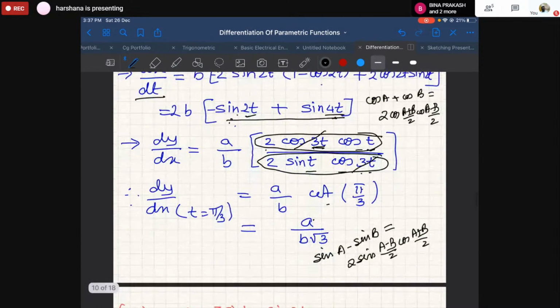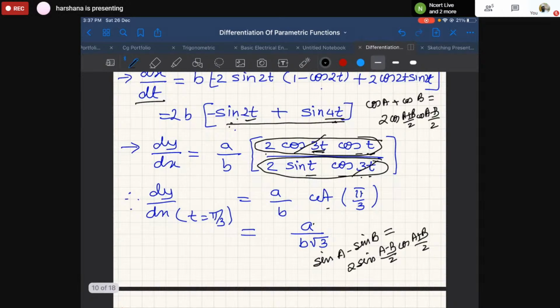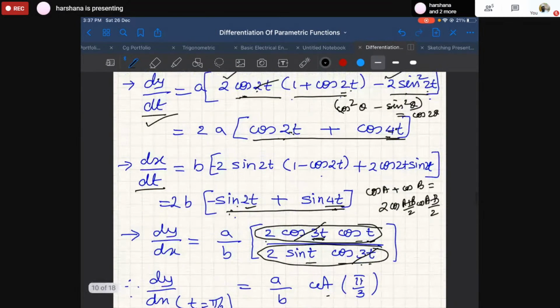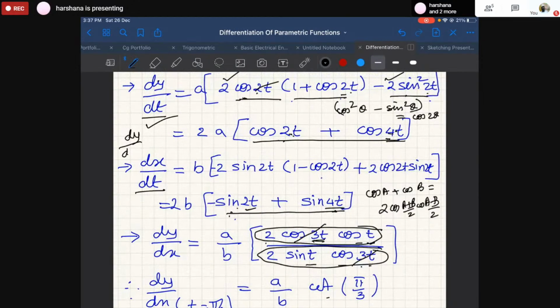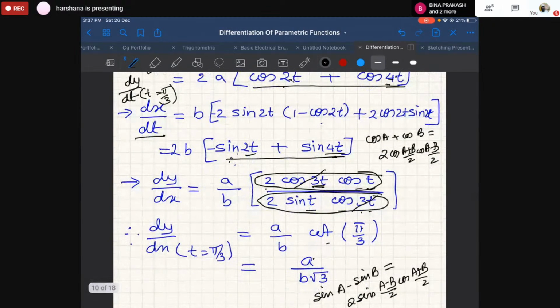Now, this question, the same question, why I have taken up this form, why I did not go in for the value of dy on dt at t equal to, this is another thing that you need to see. I did not put the value here and then evaluate, because it might happen that you might get this expression.